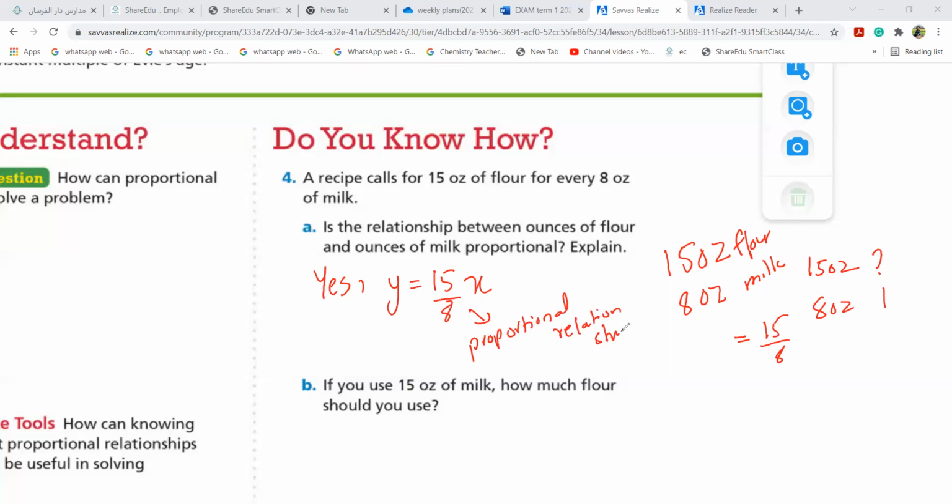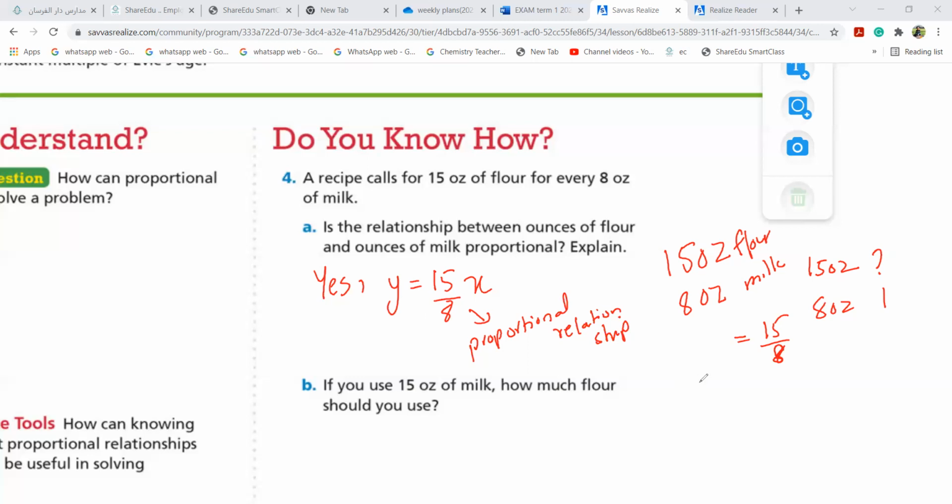Ghalia and Malak, listen to me. For 15 ounces, you get 8 ounces of milk. If you're using 15 ounces of flour, you need 8 ounces of milk. So for 1 ounce of milk, how much flour will you need? It's a proportional relationship, 15 over 8. That's why I write y equals kx.